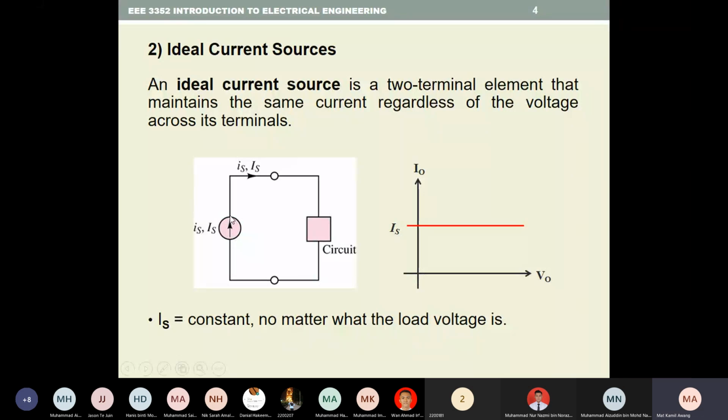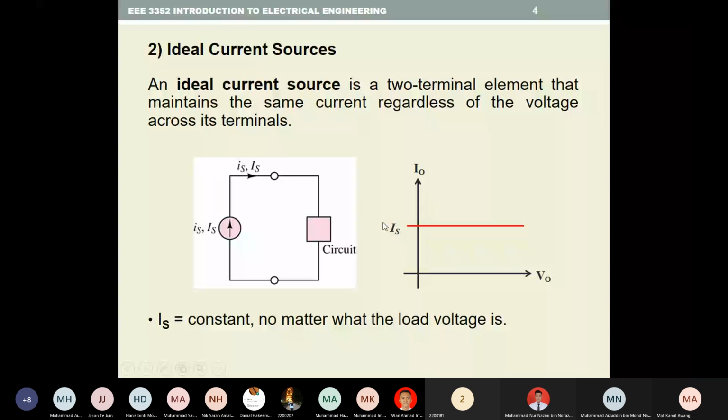The tip of the arrow is the positive terminal, and the end of the arrow is the negative terminal. So the flow of the current is according to the direction of the arrow. IS is constant no matter what the load voltage is. So the current is constant throughout.